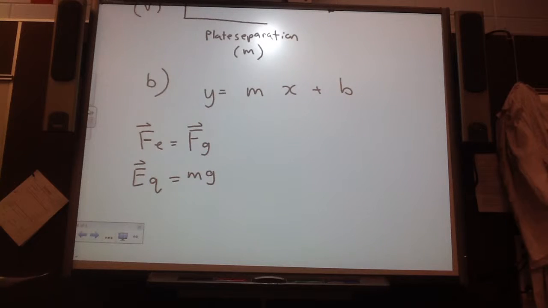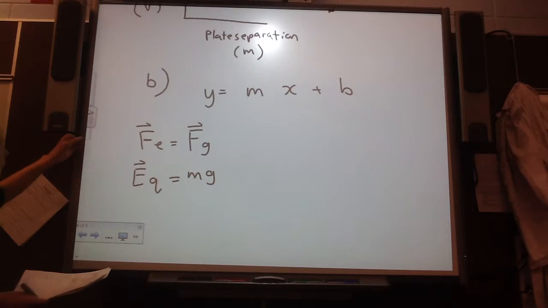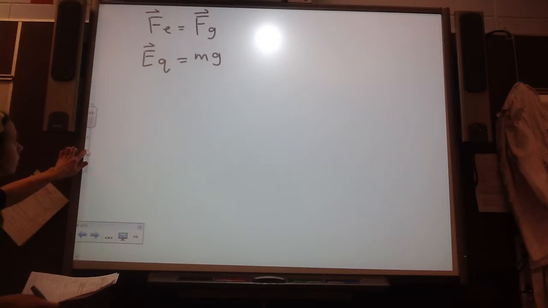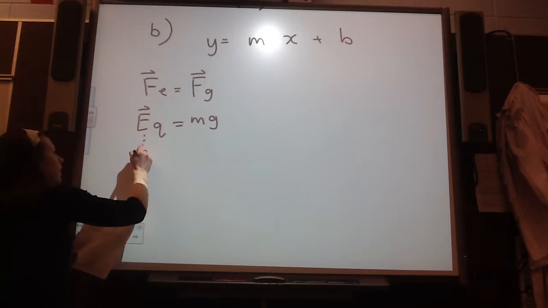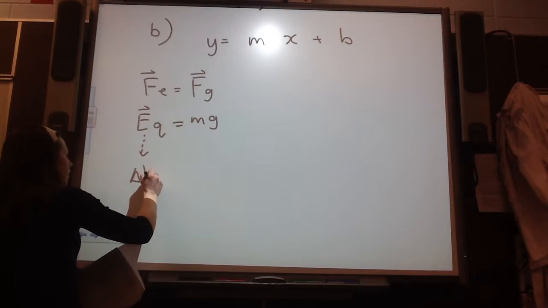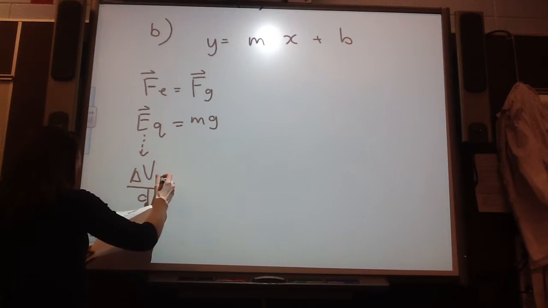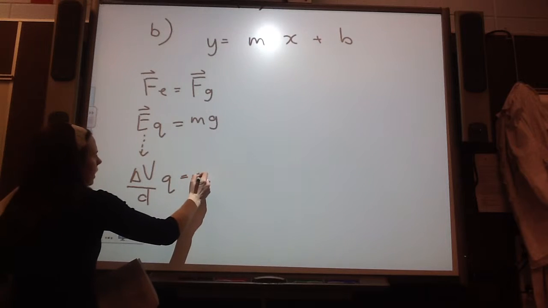I'm going to make my own formula relating these. So now E, we can say, is delta V over d, times Q, is equal to m times g.